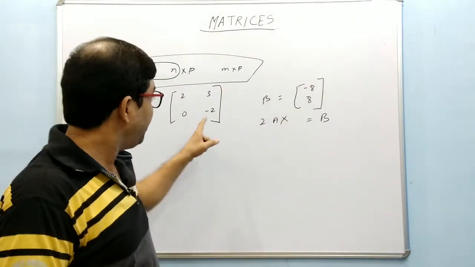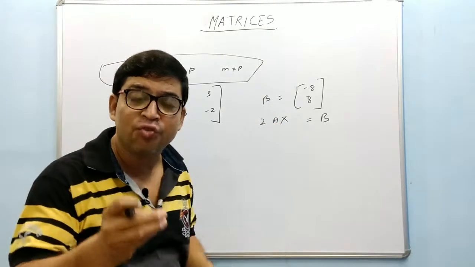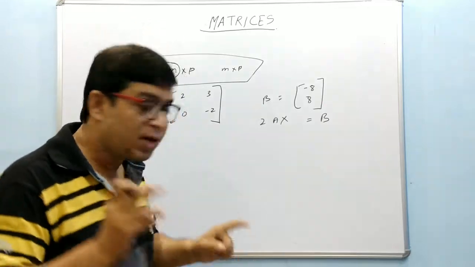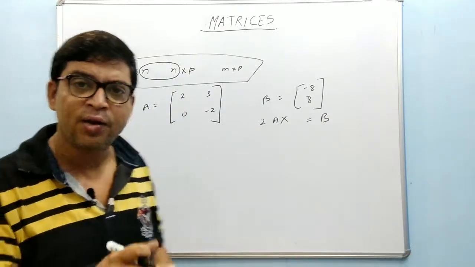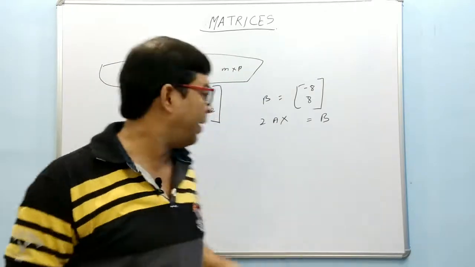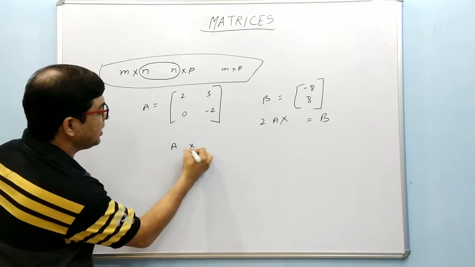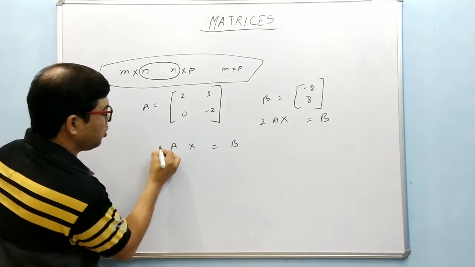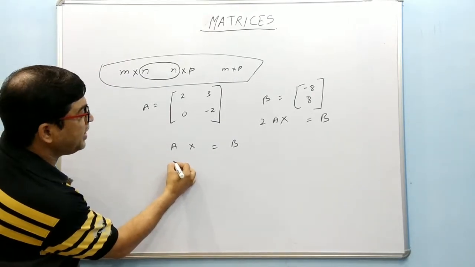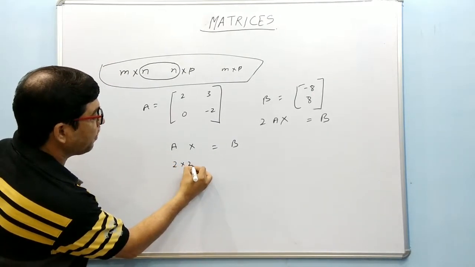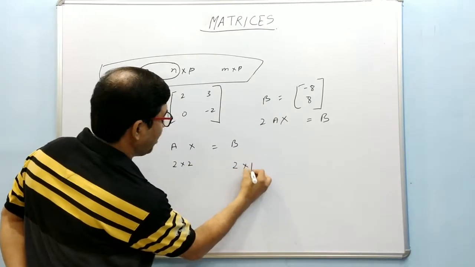Suppose this is the question. Matrix A is given, matrix B is given, and we need to find matrix X. Firstly, we need to find the order of the matrix, then we will find its value. So we just write AX is equal to B. The 2 is not going to change the order of the matrix. So A's order is 2 into 2. B's order is 2 rows and 1 column.